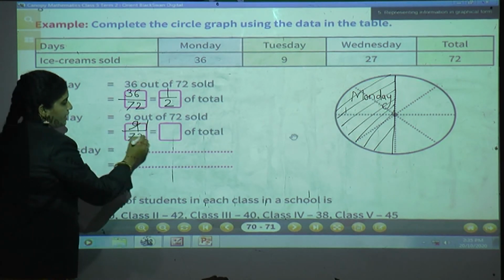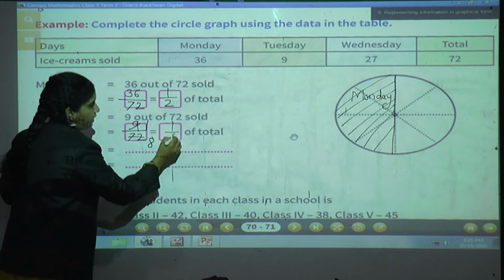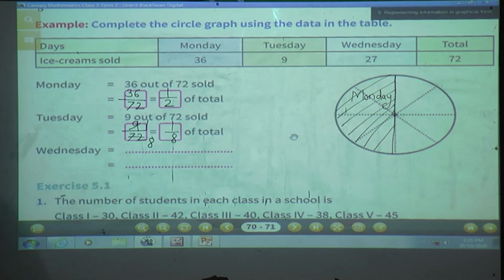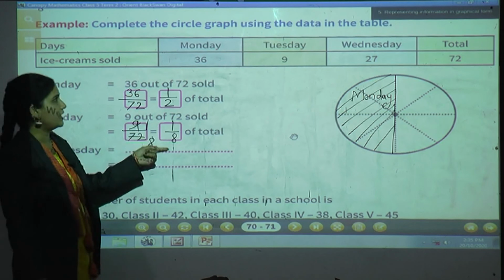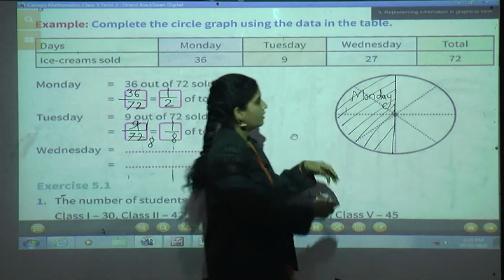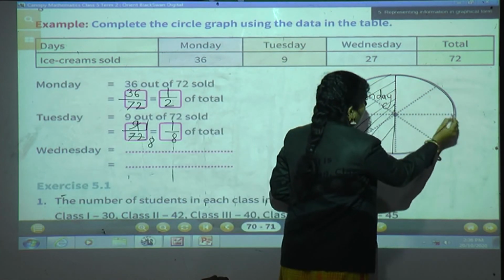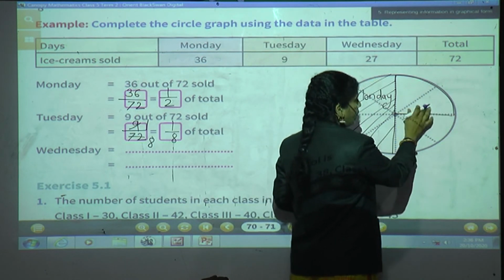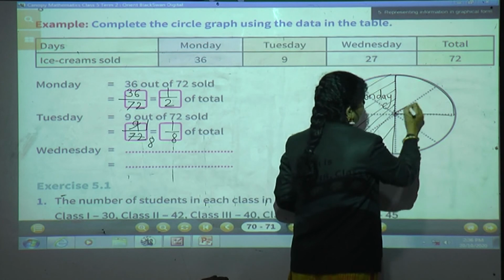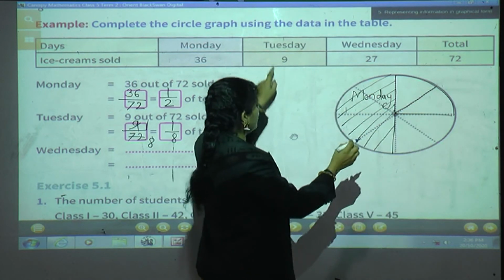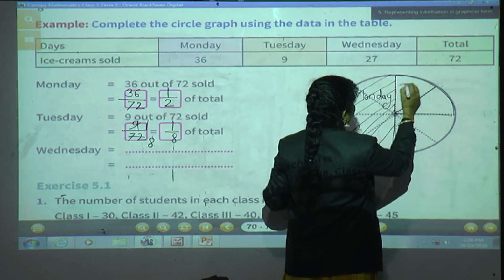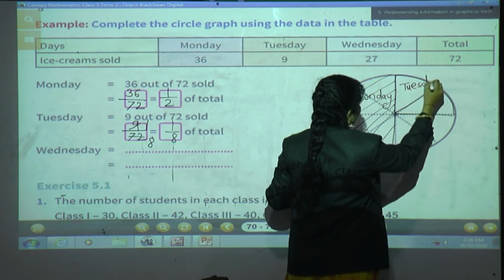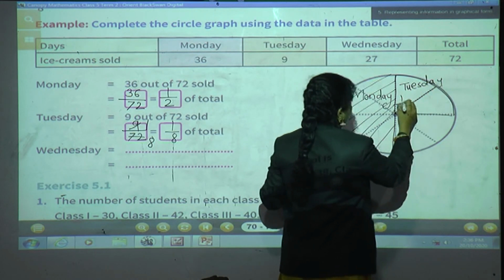So if we divide it, we will get 1 upon 8. That means here 1 upon 8, this one will be 1/4, and 1 upon 8 means half of a 1/4. So that's why Tuesday is 1 upon 8.